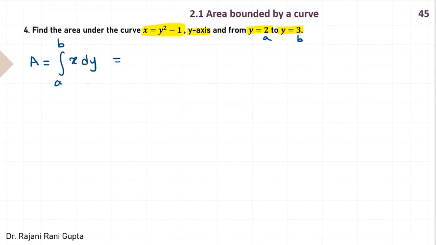So this gives you integral 2 to 3 of y square minus 1 dy. Okay. Now the rest of the things are the same. So check if y square minus 1 equal to 0 gives you any value between 2 to 3 where x is 0. No, we get plus 1 or minus 1. None of the values lie between 2 to 3.